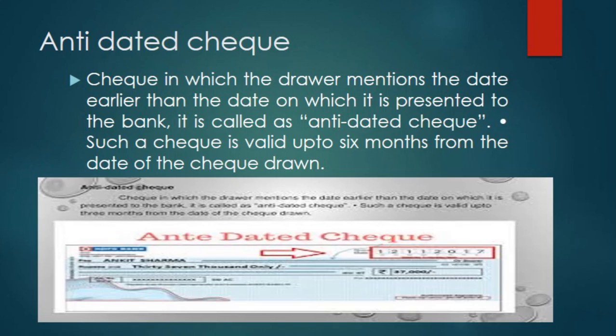An antedated check is one which is issued for a back date, that is, a date which is prior to the date of issue of the check. Such a check is valid for 6 months from the date of issue of the check. In simple words, a check bearing a date prior to the actual date of signing the check is called an antedated check.